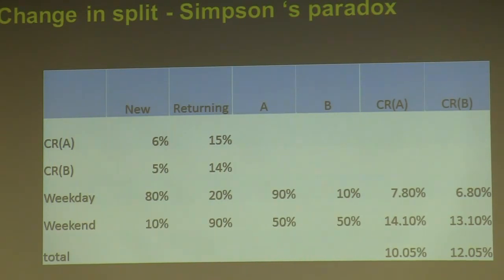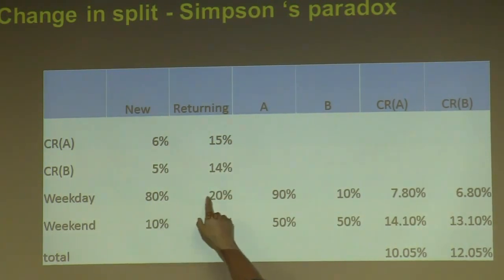You can follow the math. It's accurate, believe me. It's not that complex, but that's the Simpson paradox. That is because I changed the traffic split. On the weekday, I have more new visitors, and remember in the example the returning are the better visitors.